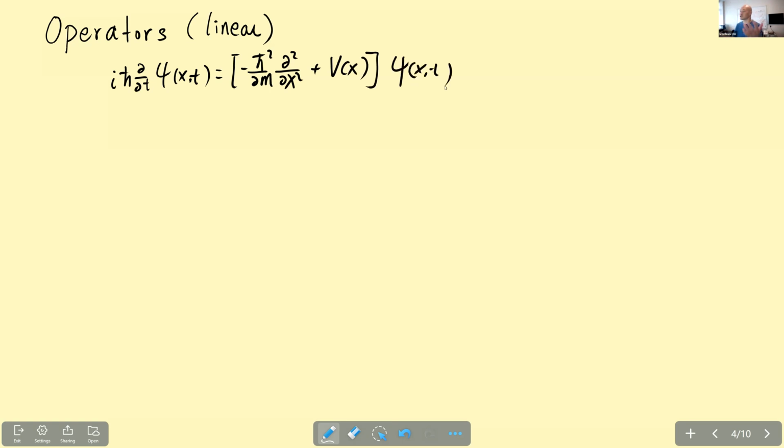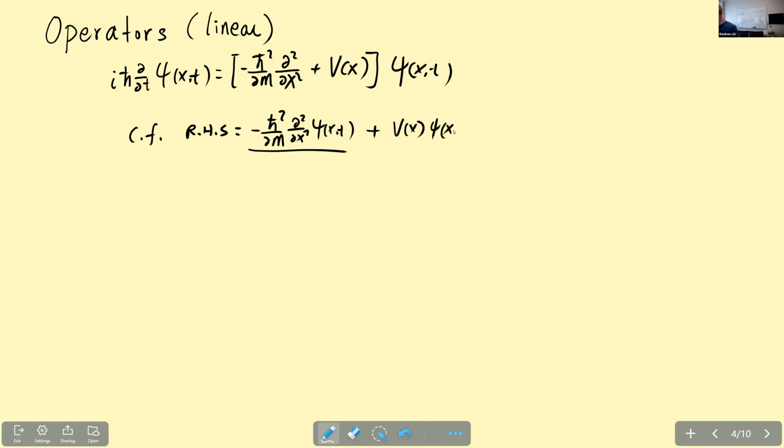There's also a difference between these two. So if we compare the original one, I say we have two terms. The right-hand side was written as two terms. So this is one term, and this is another term.